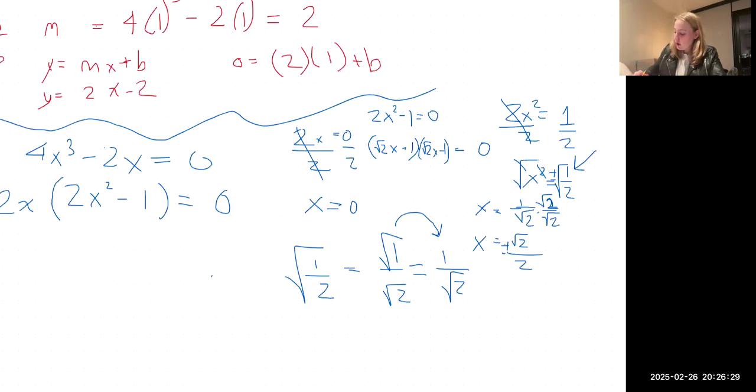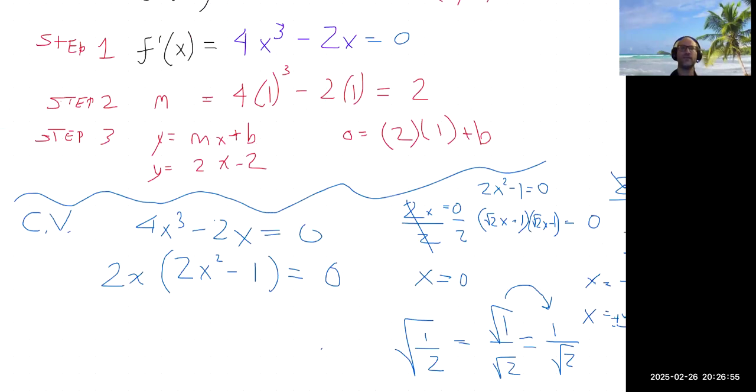So at this point we've found our critical values. How are we going to use those critical values to find this -1/4? And why is the answer 0, 0? Whenever you have an x value, to get the y value, where do you plug it?